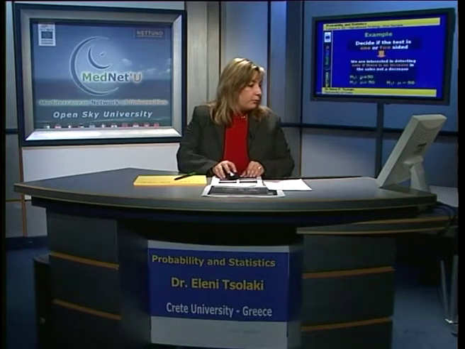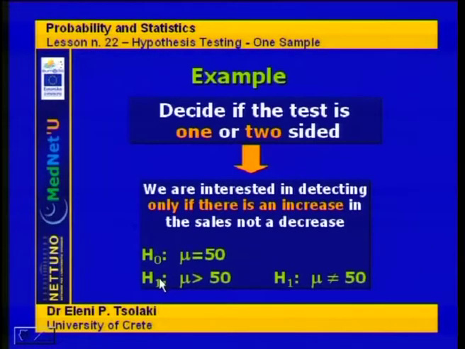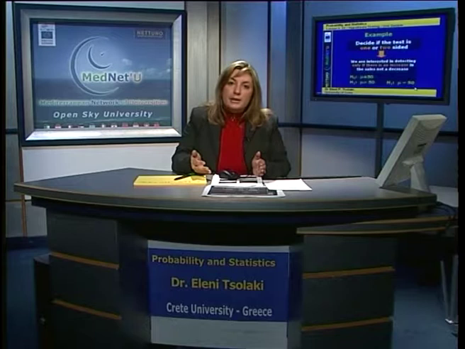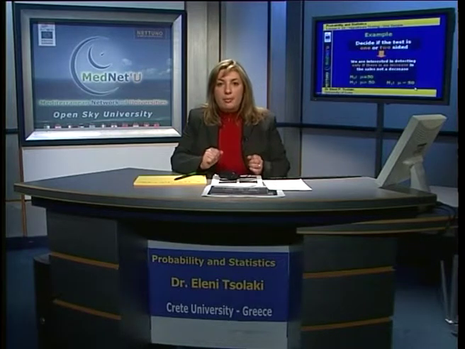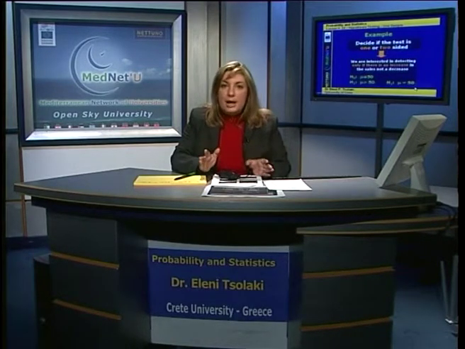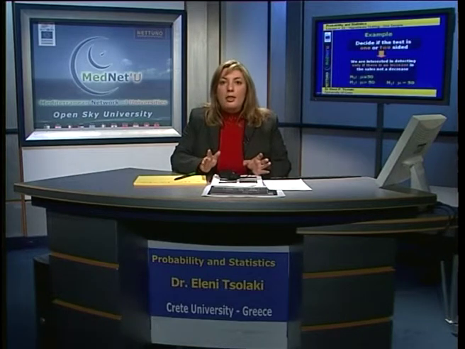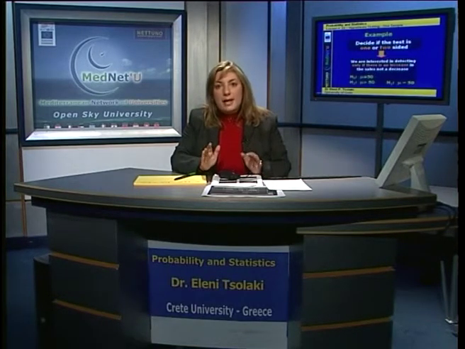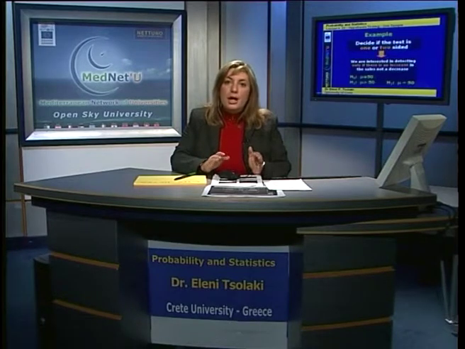A hypothesis with the alternative only greater or only less is a one-sided one, and the not equal is a two-sided. So we understand that for our example, we have a one-sided hypothesis. Now, most of the time, if it is not clear that we want to have a one-sided hypothesis, we would use a two-sided.